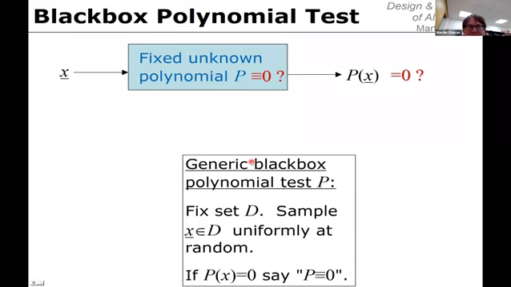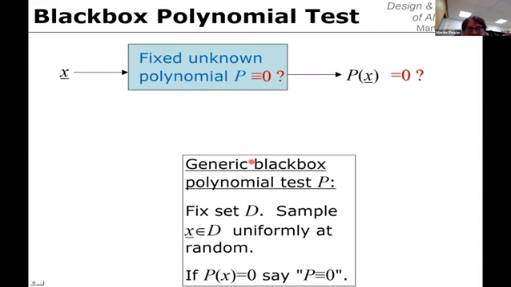And the generic Blackbox polynomial test algorithm for the unknown polynomial p is the following. We fix a set D, and the algorithm guesses possible arguments, so not deterministically, but randomly chooses some argument x uniformly at random.